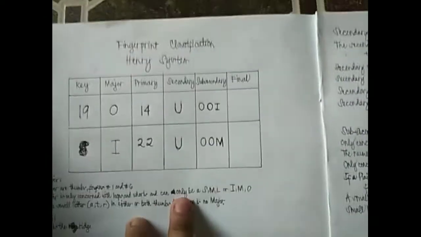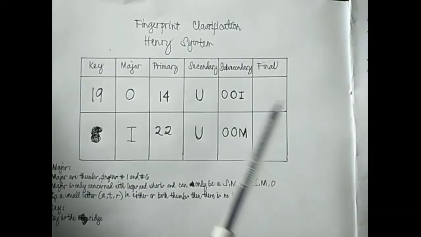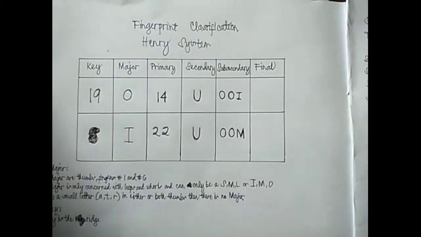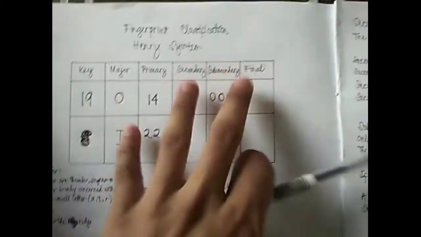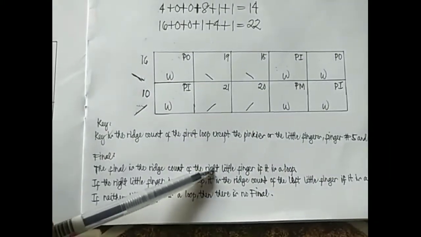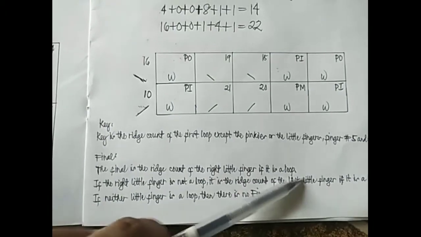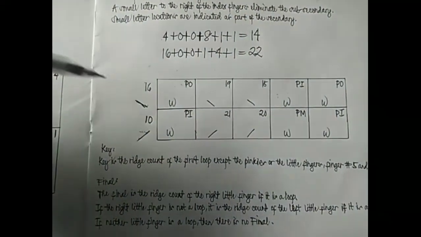Next, the final step is to determine the final classification. So the final is the ridge count of the right little finger if it is a loop. The right little finger, if it is a loop.